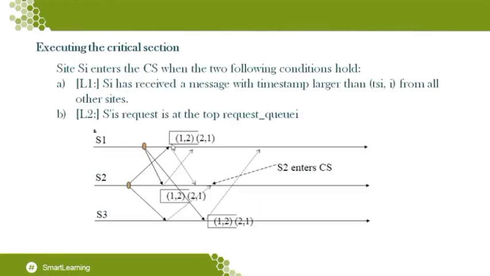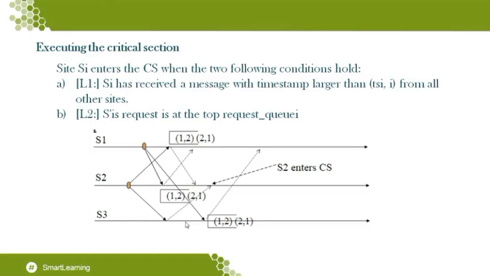Then, when you send out request messages, you have to look for reply messages. If you are the one who's leading, that is, if your timestamp is the lower timestamp, you will receive the reply message from all the other sites in your request set.